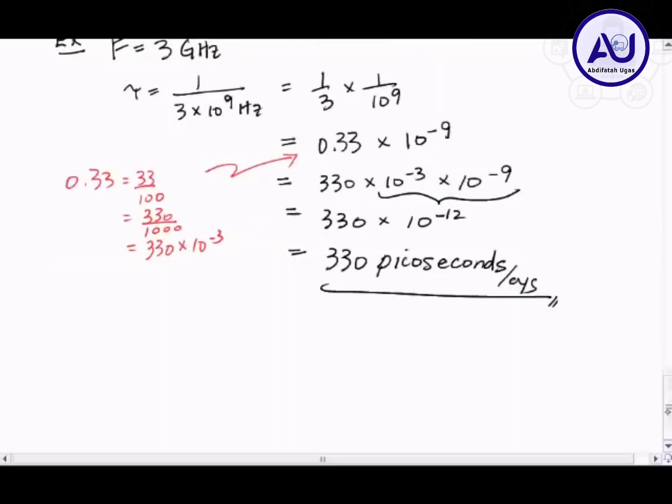So in other words, the clock period between two edges is 330 picoseconds.